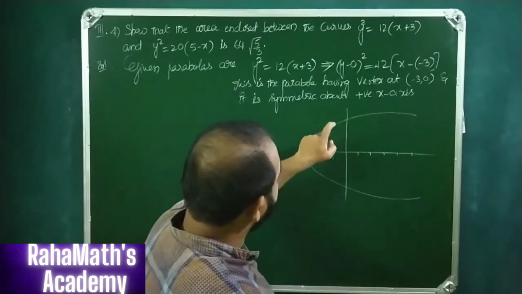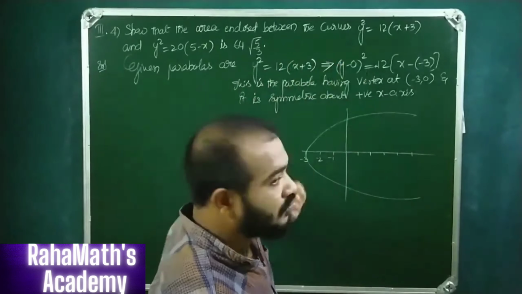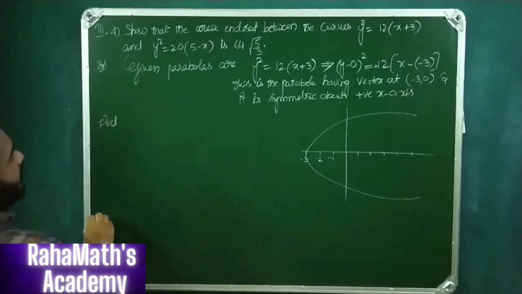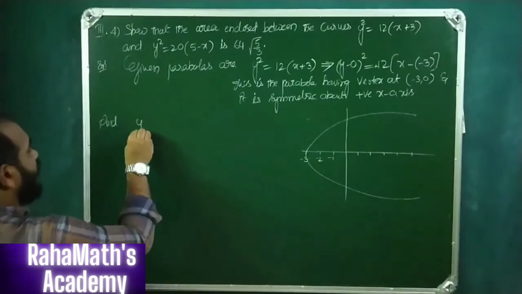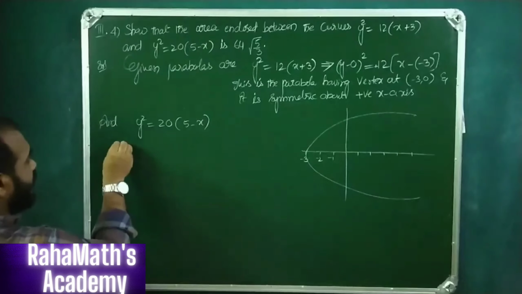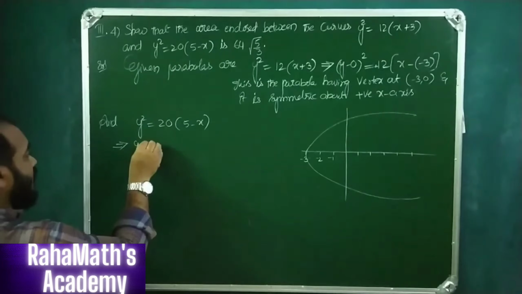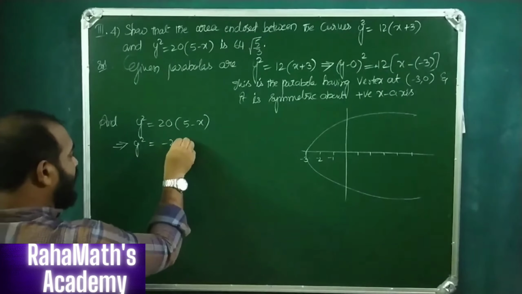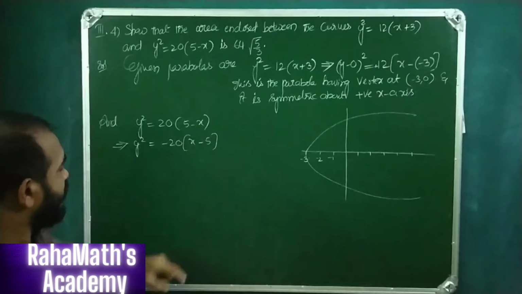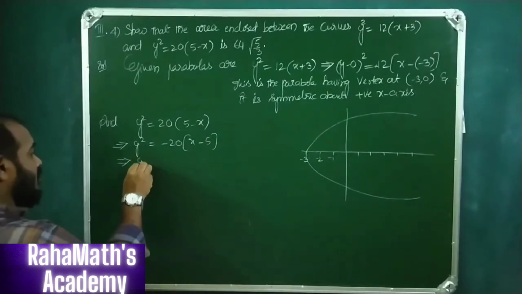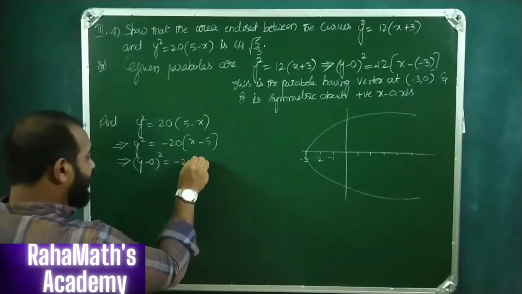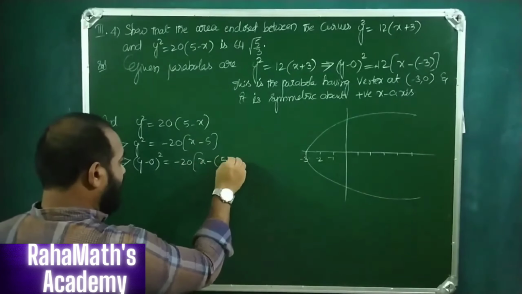So this parabola is y square equals 12 into x plus 3, and another parabola is y square equals 20 into 5 minus x. This can be written as y square equals minus 20 into x minus 5. So minus I have taken common, then x minus 5. This can further be written as y minus 0 whole square equals minus 20 into x minus 5.